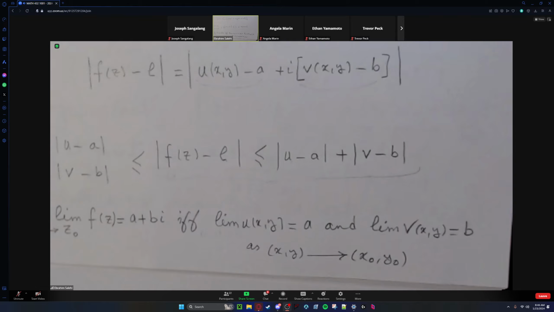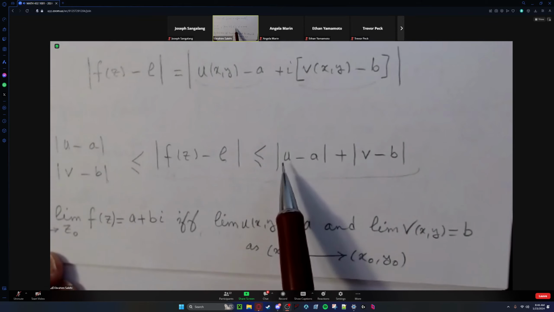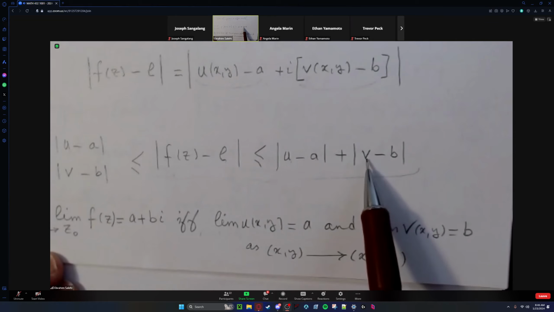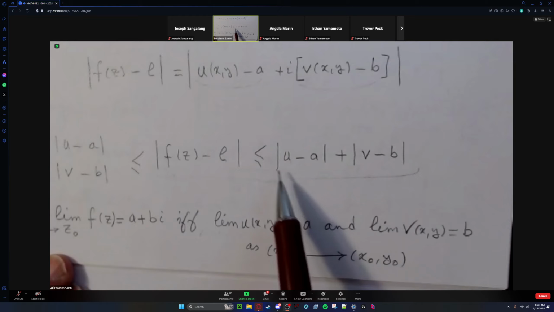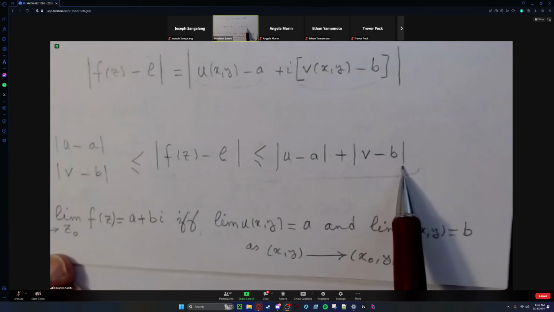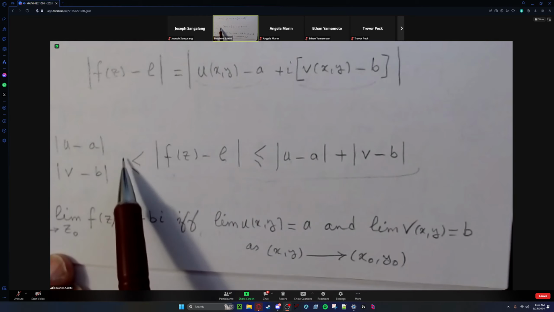Now, vice versa. Suppose we already know that the limit of u is A, the limit of v is B. Then when you take the limit, here you get 0. And here, of course, it's bigger than or equal to 0.